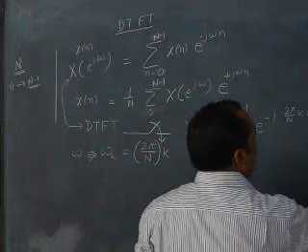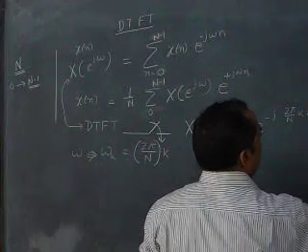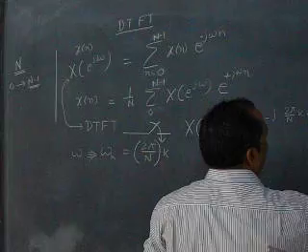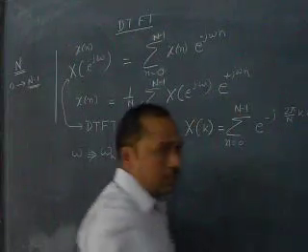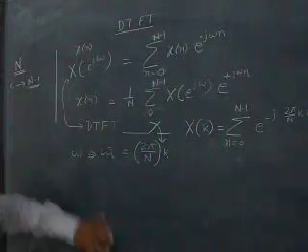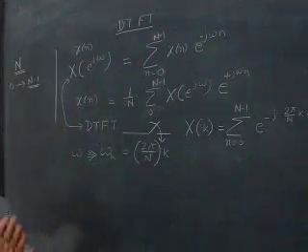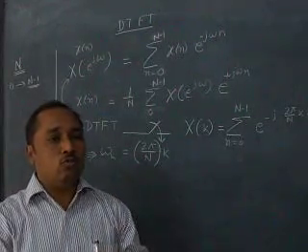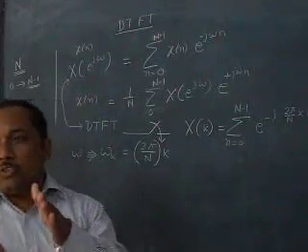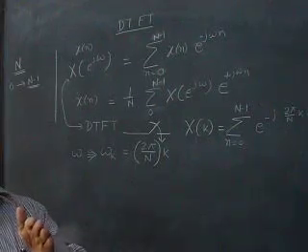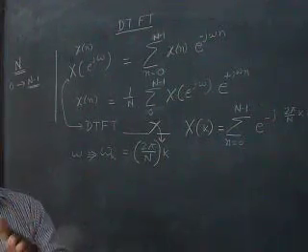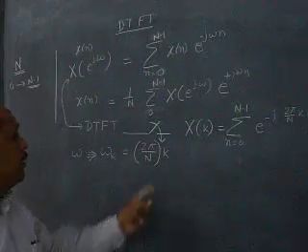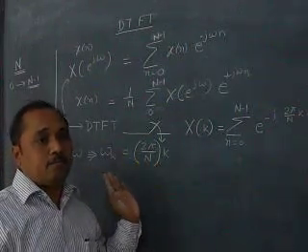And what will be the values of k? K will again be from 0 to N minus 1, because the total range has been divided into N sections. So here two consecutive frequencies will be separated by 2 pi by N.